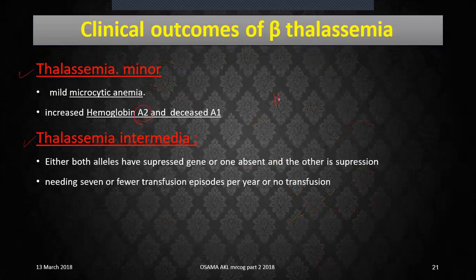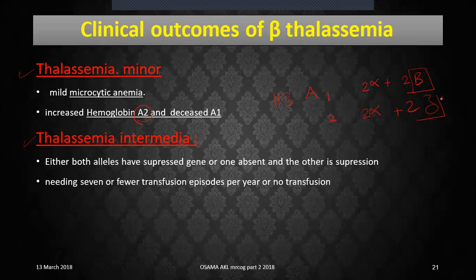We said that we have 2 types of adult hemoglobin, 1 and 2. Type 1 contains 2 alpha and 2 beta. Adult type 2 contains 2 alpha and 2 delta. So the body can compensate. If there is problem in beta subunits, we can produce gamma subunits to form higher concentration of adult hemoglobin type 2.